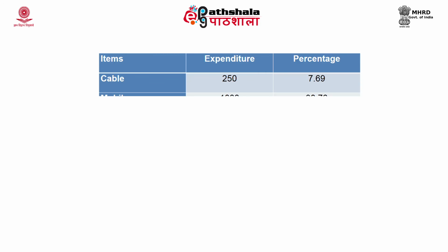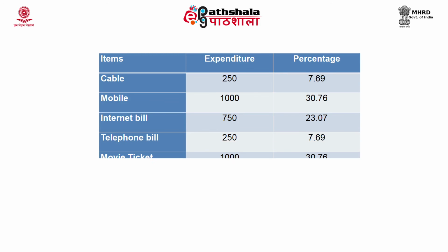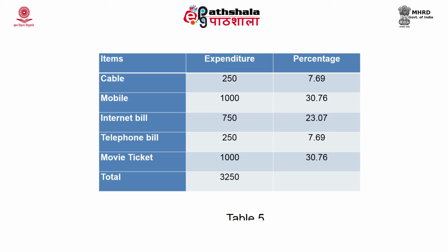First we want to find the percentage. For that we first take the total of these expenditures, which is 3,250. To find the percentage of cable bill we divide 250 by 3,250, and we get 7.69 as the value. Correspondingly we find the percentage values of the other categories also.